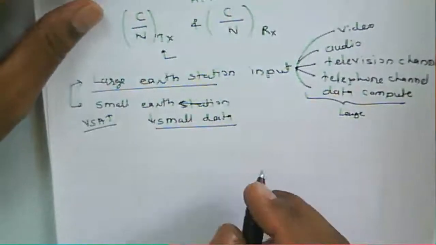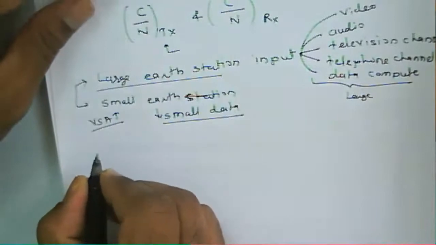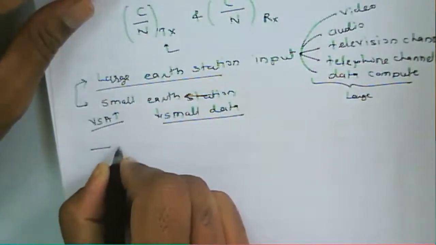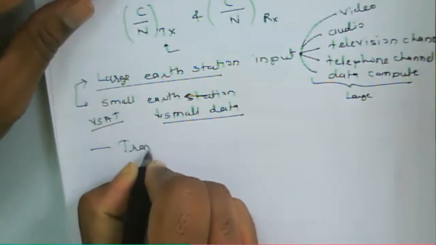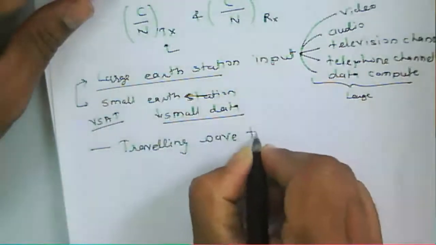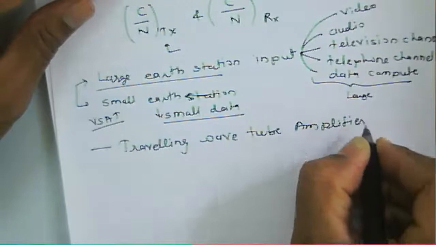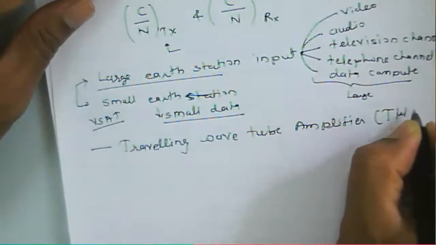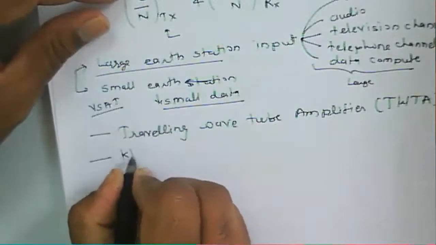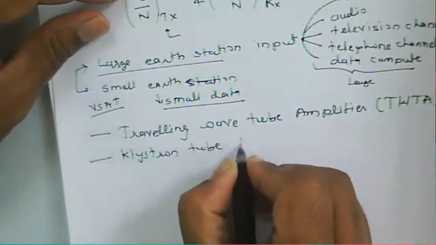Generally, in an earth station, various power amplifiers are used. One is called a traveling wave tube amplifier, that is, a TWTA. Then we have a Klystron tube amplifier.